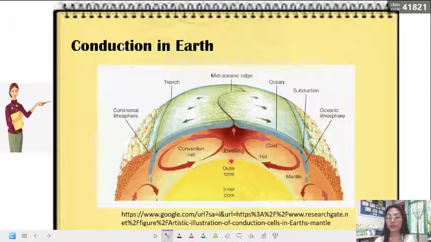Because the mantle part of the earth has a direct contact with the core, the heat from the core part of the earth is being transferred to the mantle. Okay, my dear students, do you get it? So that is how the internal heat of the earth is being transferred. So let's proceed.